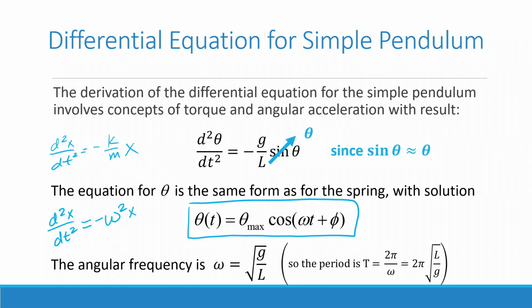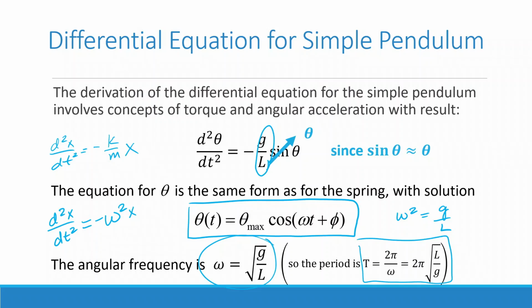Same thing is true here, but in this case, we're going to set our omega squared equal to g over L. So that means omega is the square root of g over L. So if we were to rearrange and solve, we would find that the period of a pendulum is 2 pi square root of L over g.